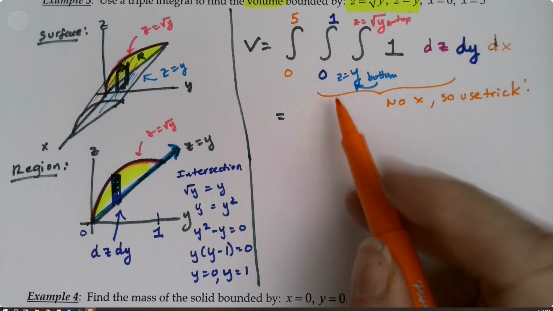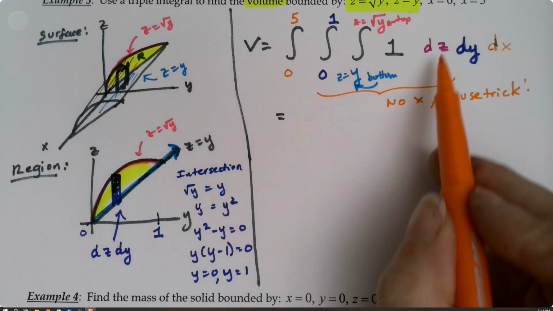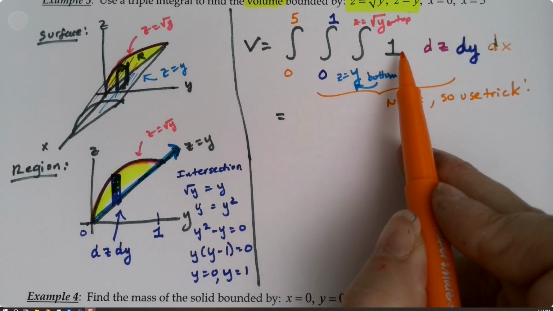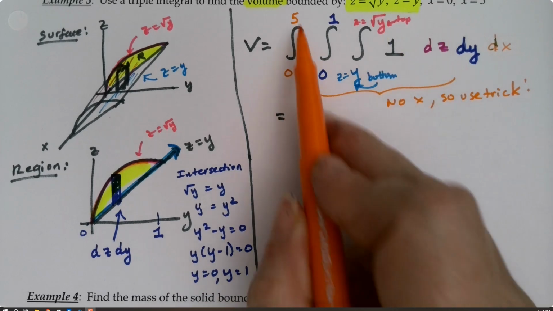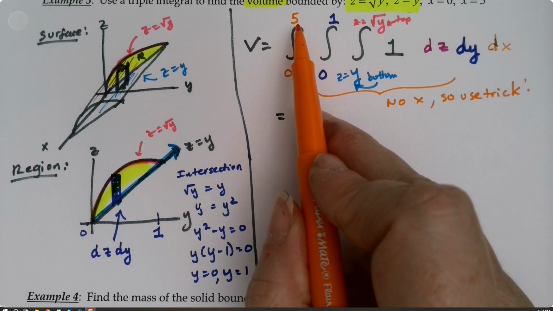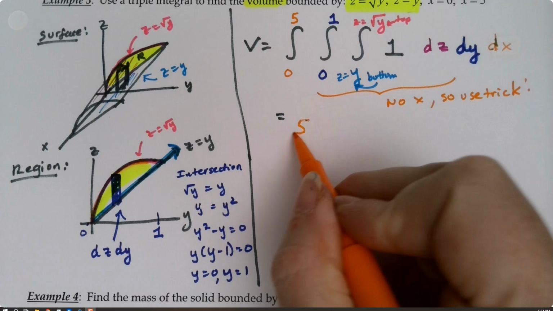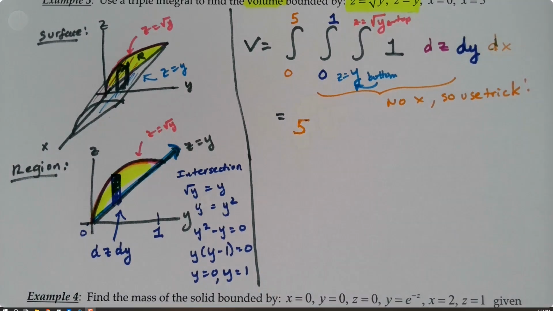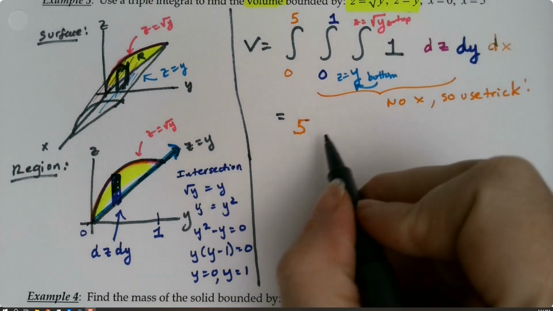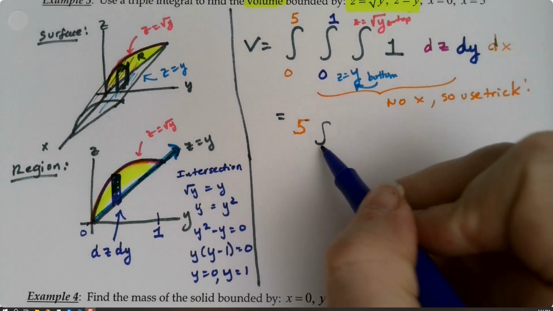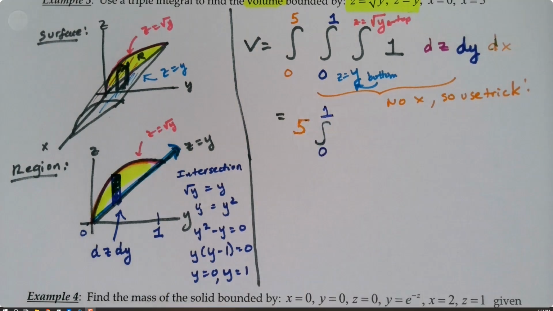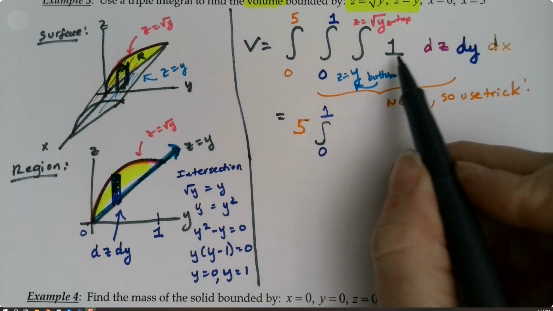The x can go away and become 5, right? If you integrated this with respect to x, it'd just be x. X goes from 0 to 5. So that's 5 take away 0, which is 5. So you just put a 5 out in front. And now you have the integral from 0 to 1. And then I can integrate 1 with respect to z.